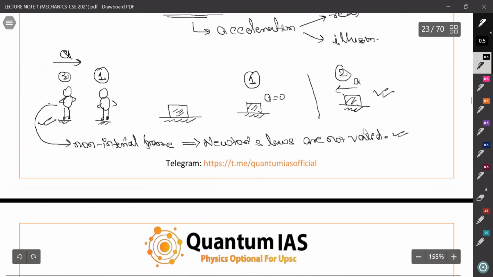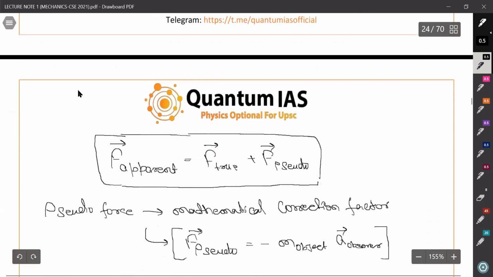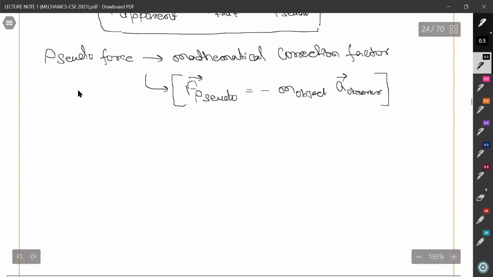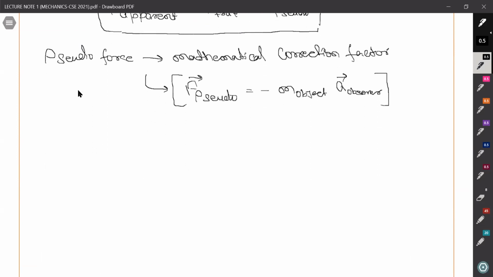So observer 2 will write that F equals minus ma, but observer 1 will write F is 0. So who is right? Observer 1 is right, not 2, because observer 1 is in an inertial frame and observer 2 is in a non-inertial frame. So don't take so much load about the inertial and non-inertial systems here. We will have a separate lecture on this topic also.